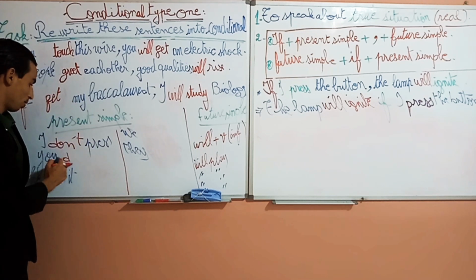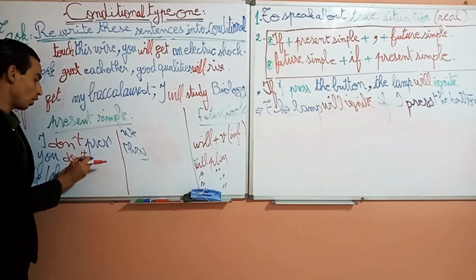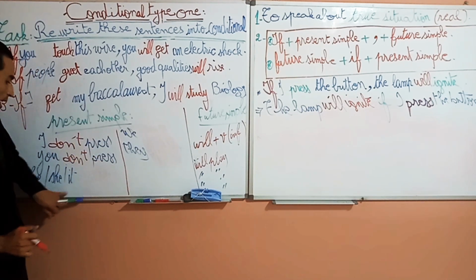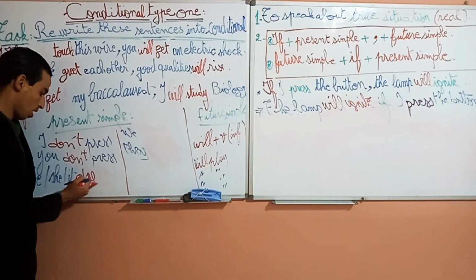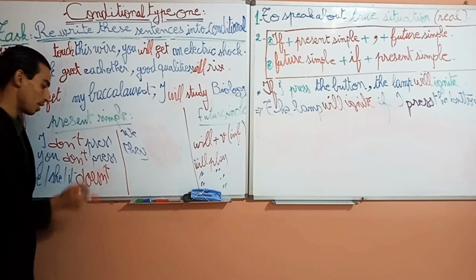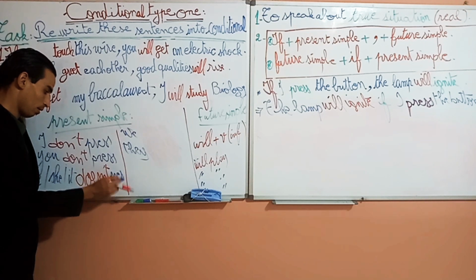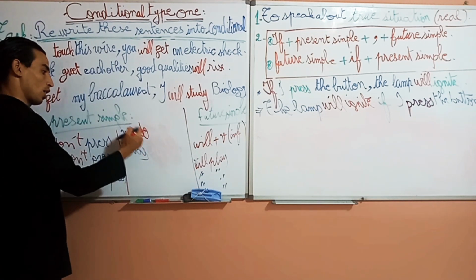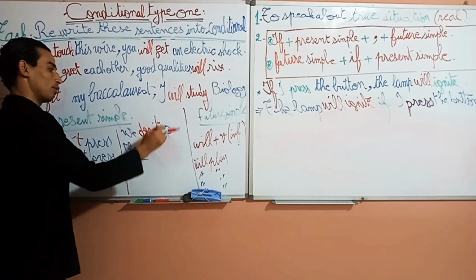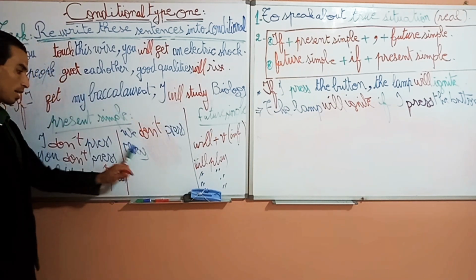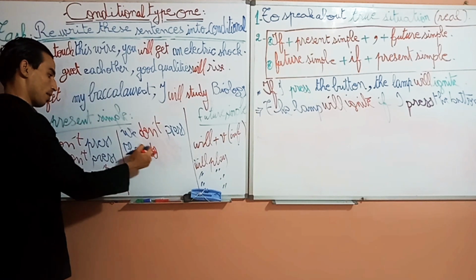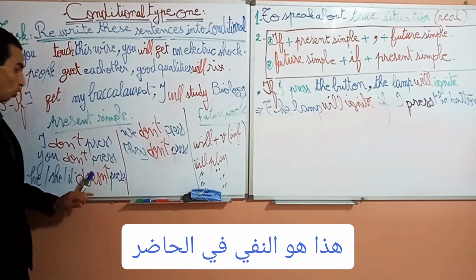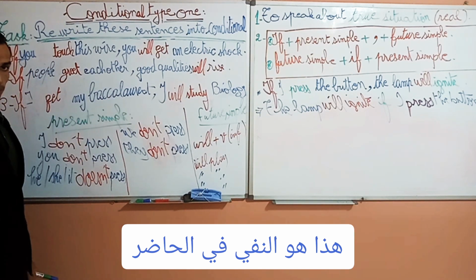You don't press. He, she, it doesn't press. We don't press, and they don't press. This is the negative form of present simple.